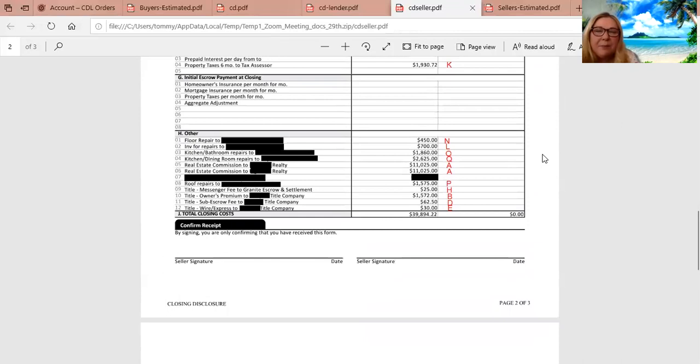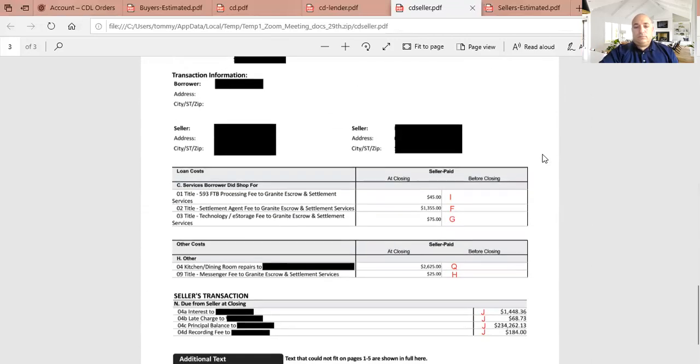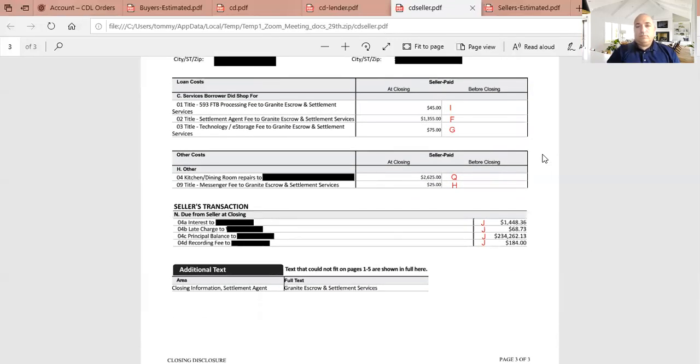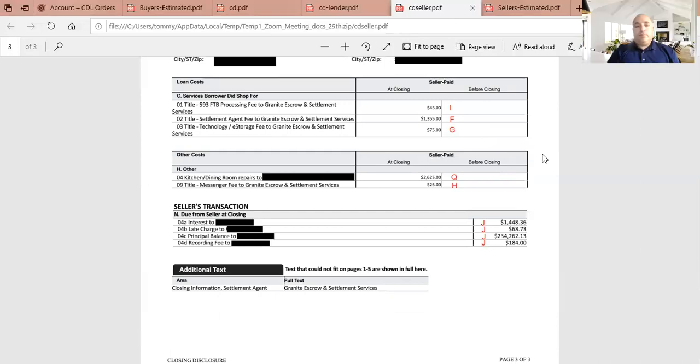Recording fees. Oh, here we go, other. So you can see all these are broken down. And they lump everything together. So commissions are in with other, basically all the extra fees. And then these are all miscellaneous fees too. Right, so they're just anywhere they can fit them.